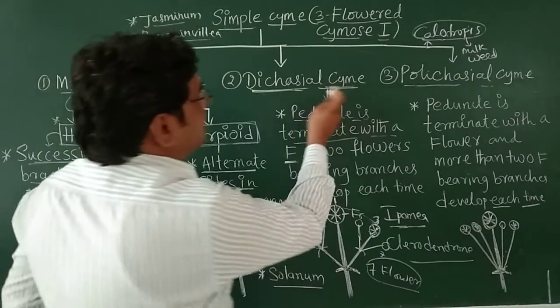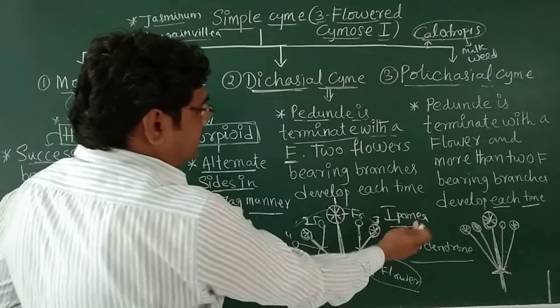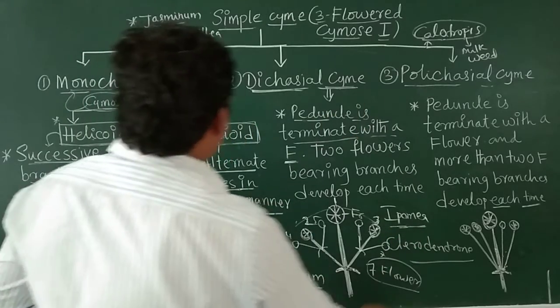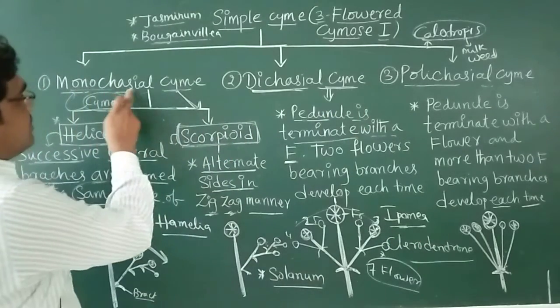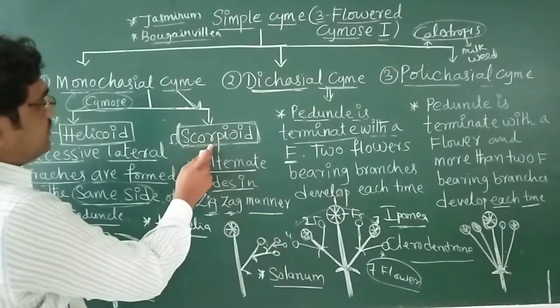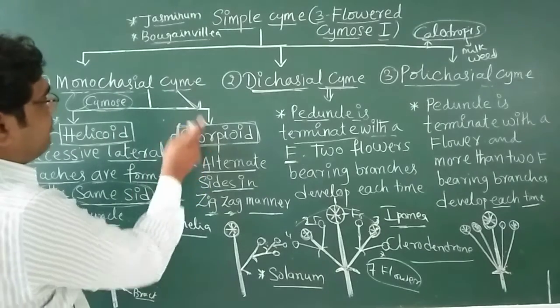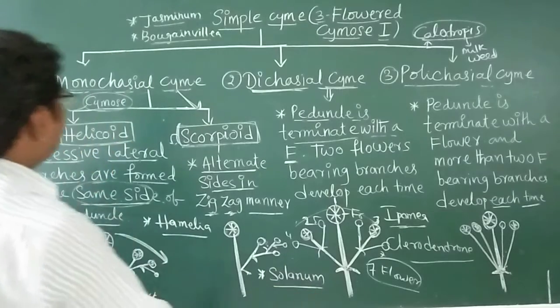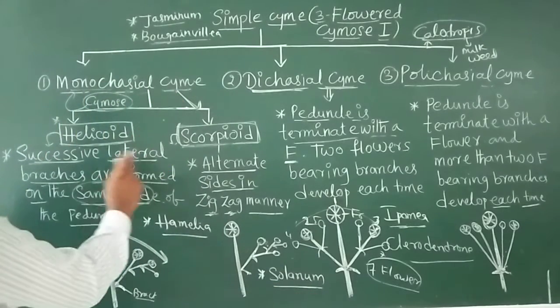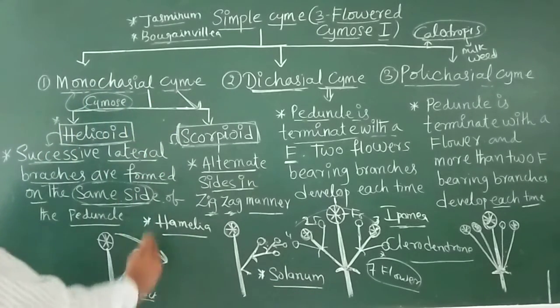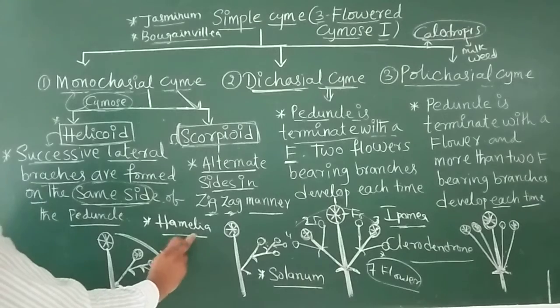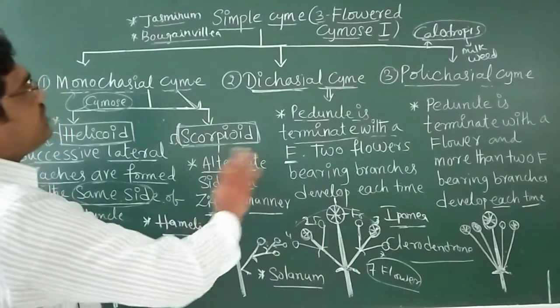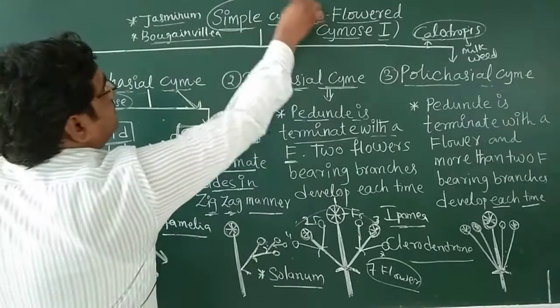In dichasial cyme, the inflorescence is observed in Ipomoea and Clerodendron. Monochasial scorpioid cyme is observed in Solanum, and monochasial helicoid cyme is observed in Hamelia. So this is the classification of the simple cyme.